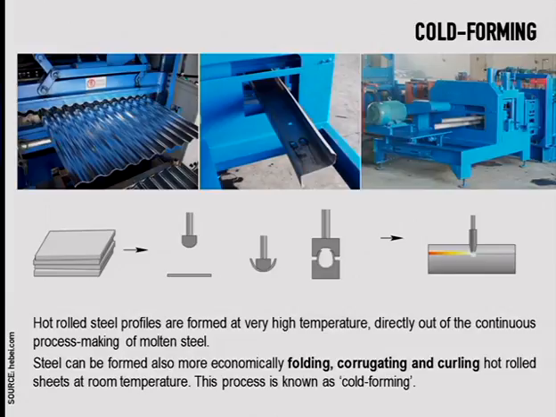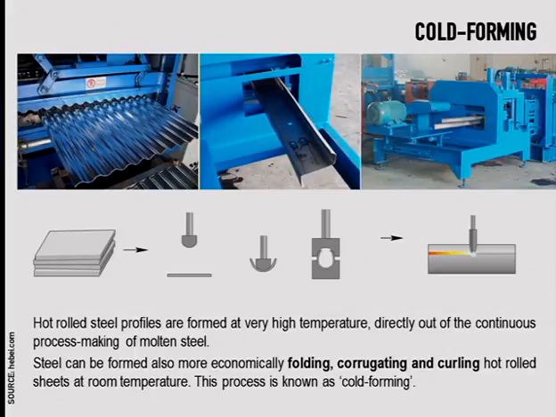What about cold forming? Now let's continue from the previous phase of hot forming. We get thin sheets or slabs. We can still perform a few operations on them, and one is folding, bending, the other one is corrugating, and the third one is curling.